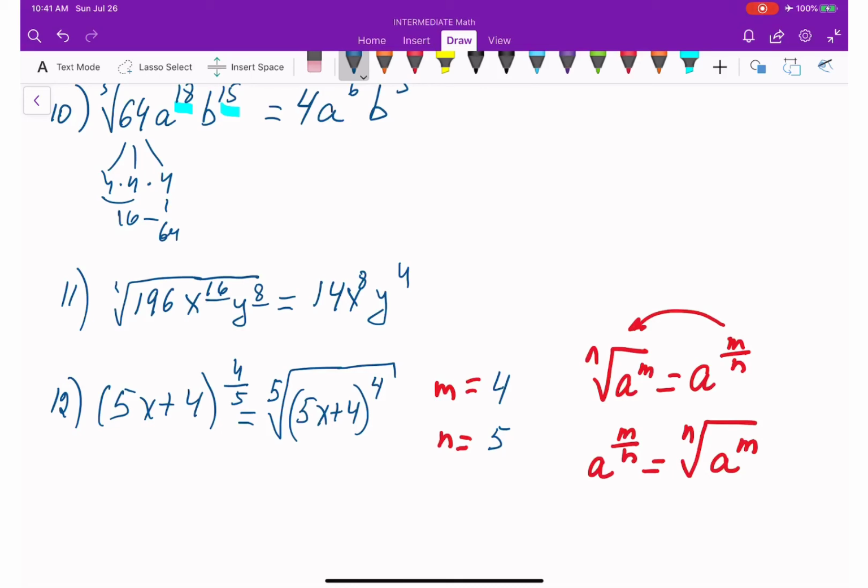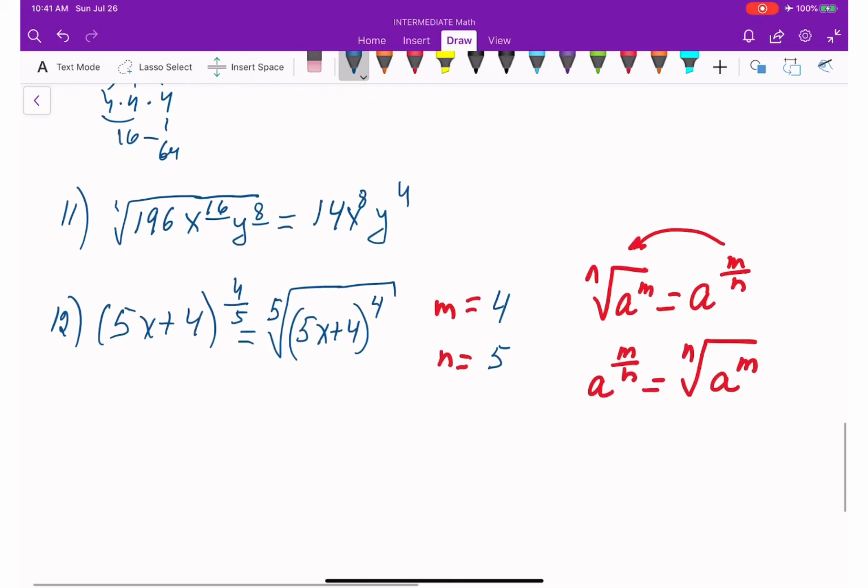One more. Negative y to power 5 over 7. So my m is equal 5, and n is equal 7.